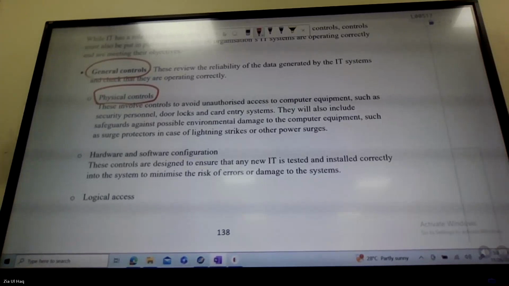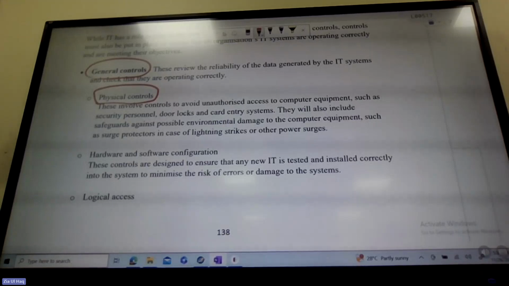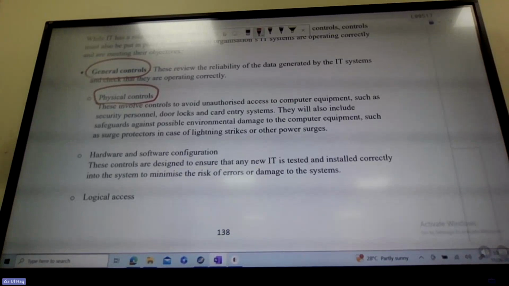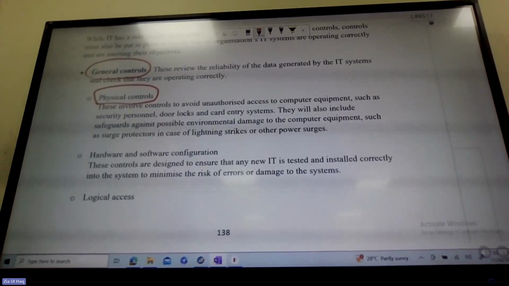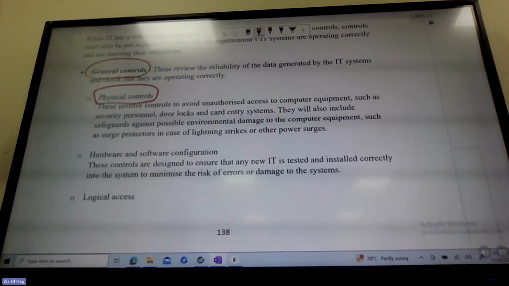The system should be under CCTV cameras, so that if anybody has access to the system and misuses the hardware during off-office timing, it can be detected through the CCTV cameras. The system room should be supervised by a security person who ensures only authorized persons are entering and unauthorized persons are not. So there should be physical controls like security cameras, locked rooms, and security guards over the system to avoid misuse of the hardware.